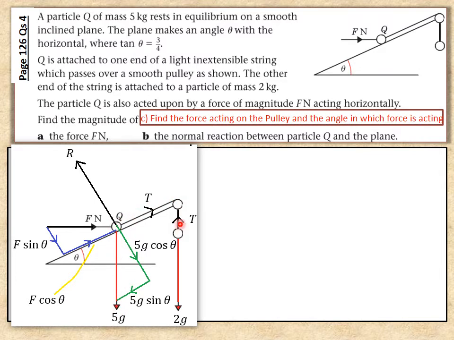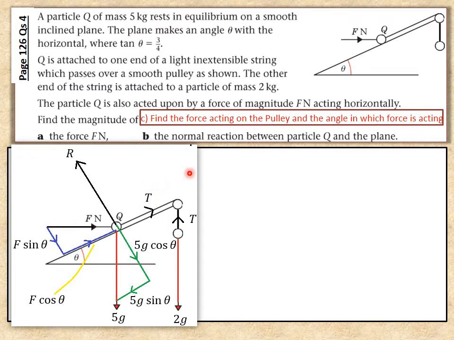And the string: we know the tension will always be directed towards each other, and the tension will always be the same because the string is the same. And because it is on a surface, there will always be a reaction force perpendicular to the surface. There is an extra force F in the question which is neither horizontal nor vertical, so we need to resolve. That is why you see these blue forces and green forces here, to resolve the weight. I hope everything is clear with the forces.